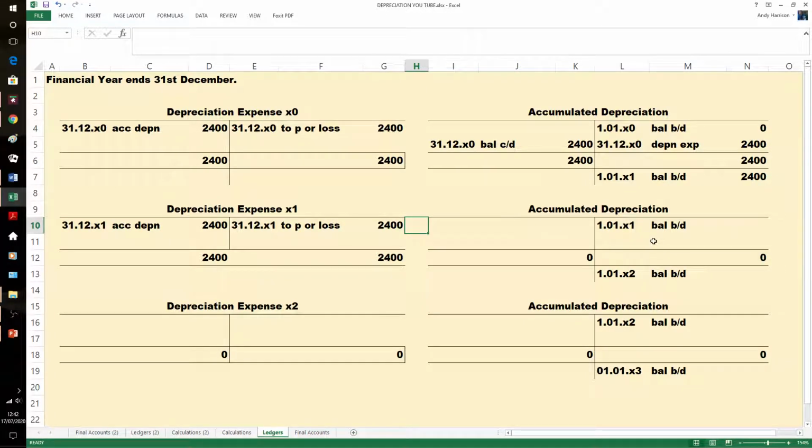This one, however, we had a brought down balance of 2,400 accumulated depreciation, and at the end of the year will rise to the 4,800.